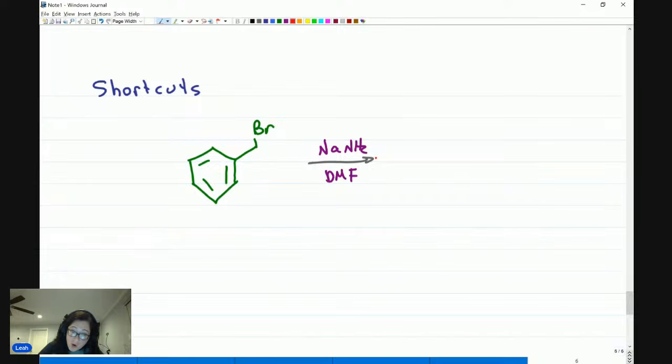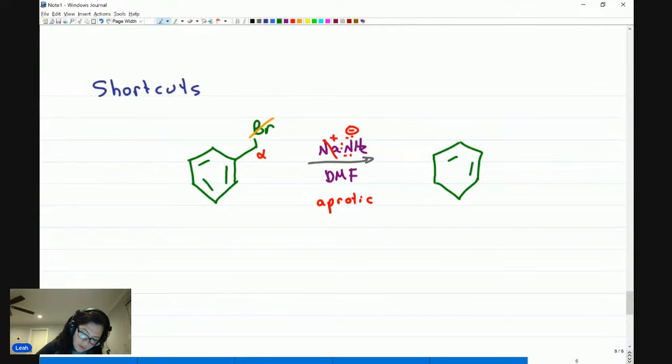I have a strong, unhappy attacker because Na plus is a positive spectator. NH2 minus is a strong attacker. We have a polar aprotic solvent, which tells me that I'm likely looking at SN2 over E2. I'm not going to draw the whole mechanism. You identify your alpha carbon. The leaving group is on it. You don't draw the leaving group. You just draw everything else for the product. Carbon skeleton as you see it.